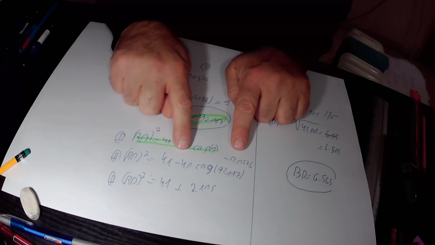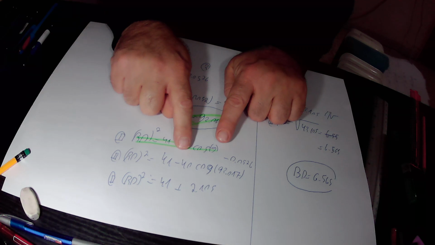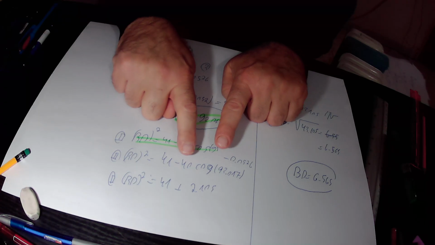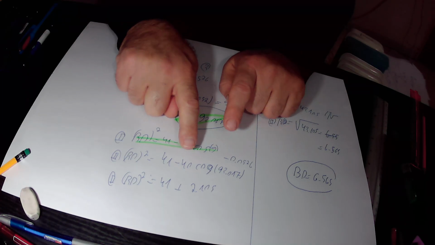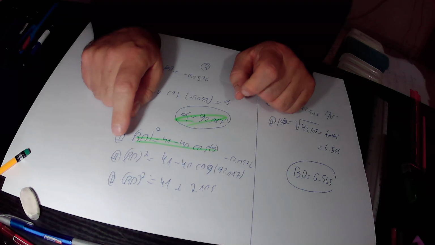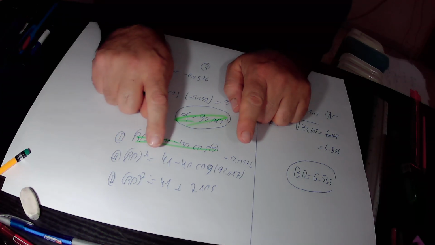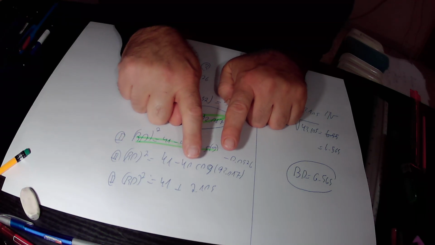The value of 40 times cosine 93.017 degrees is in total minus 2.105. So according to equation 2, BD squared equals 41 plus 2.105.